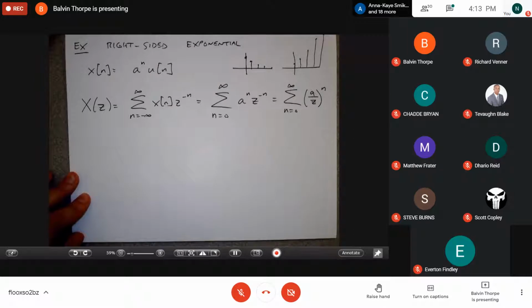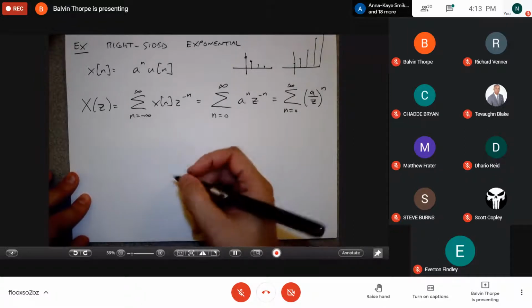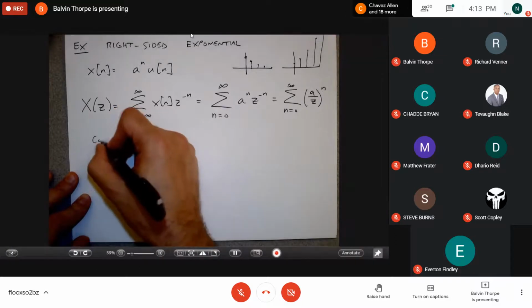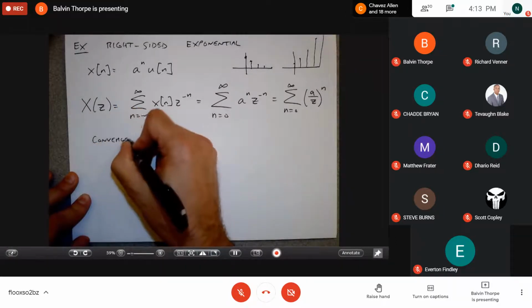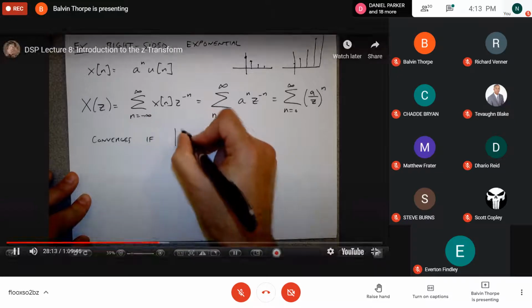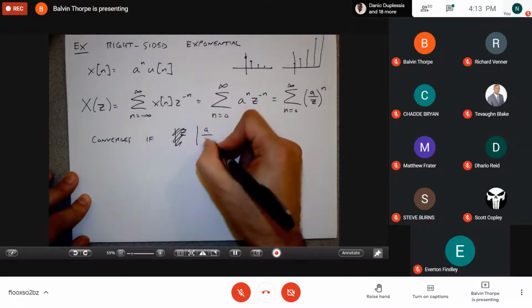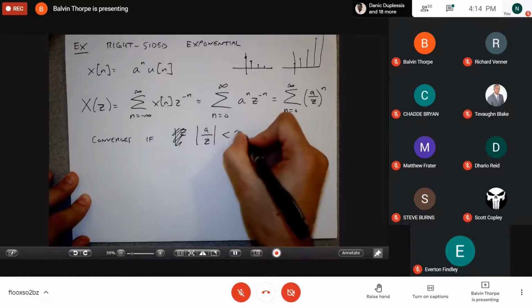And so this will converge if, I guess I should say it this way, if this absolute value here is less than 1, right?